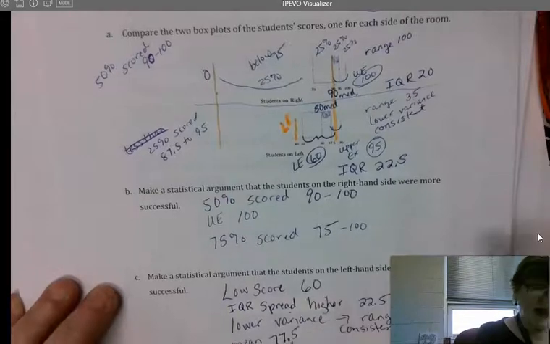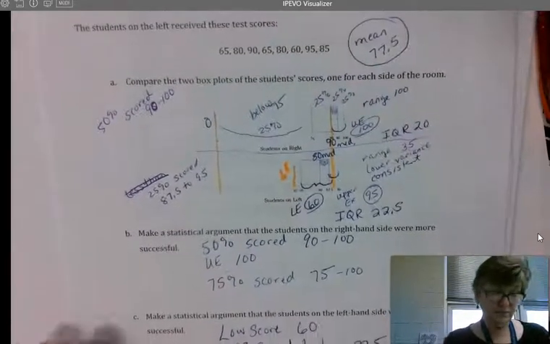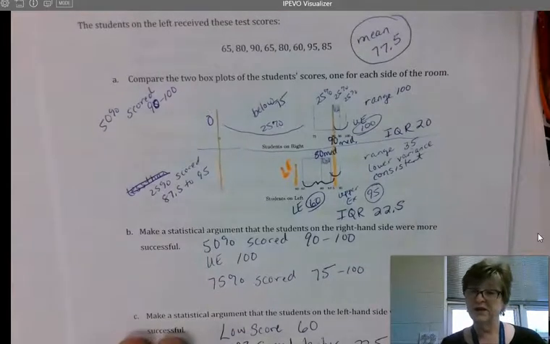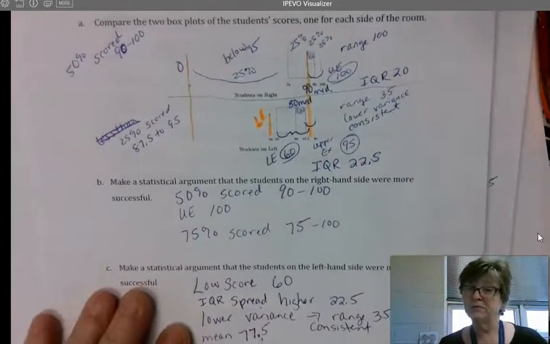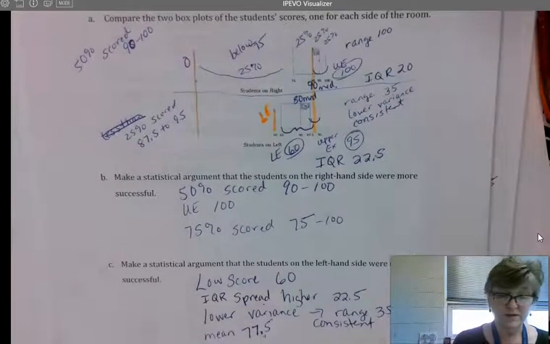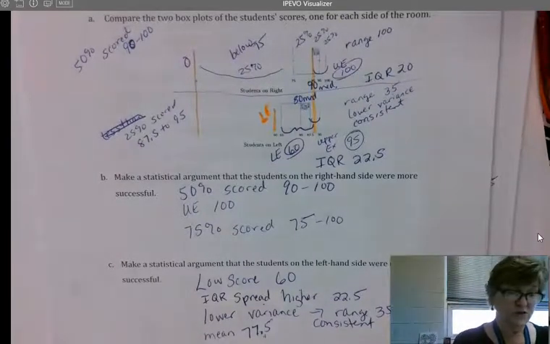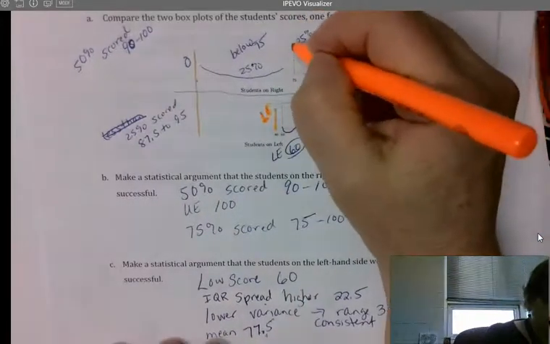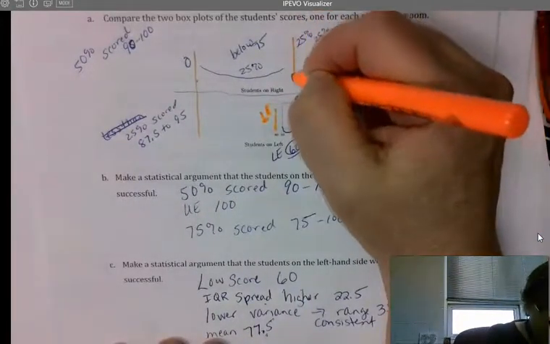So looking at your data, when you do the comparisons here, would you be able to make a prediction as to which one is better, who you think scored better? And I also want to add, looking at these 75%.